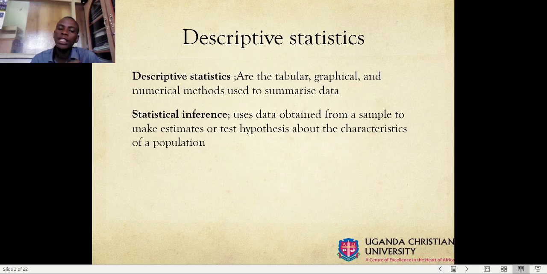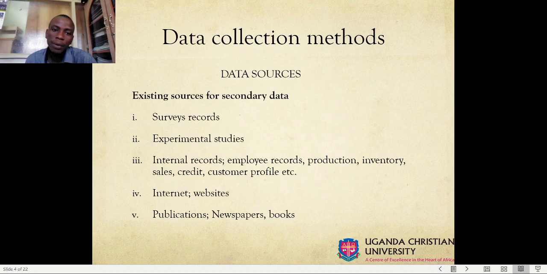Whereas for statistical inference, we use the data we've obtained from a sample to make estimates, test a hypothesis, or draw conclusions about the characteristics of a population.